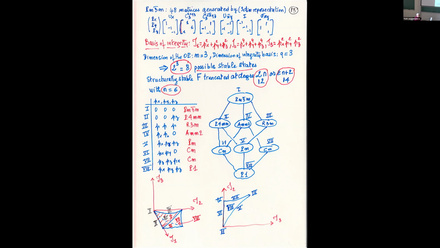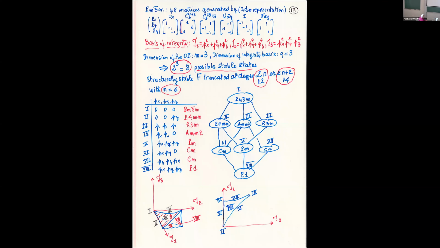So here I have written not the 48 matrices, which is possible, you can find it in many books, but the six matrices generating the 48 matrices, because it is sufficient, if you don't want to calculate too much, for calculating the basis of integrity.